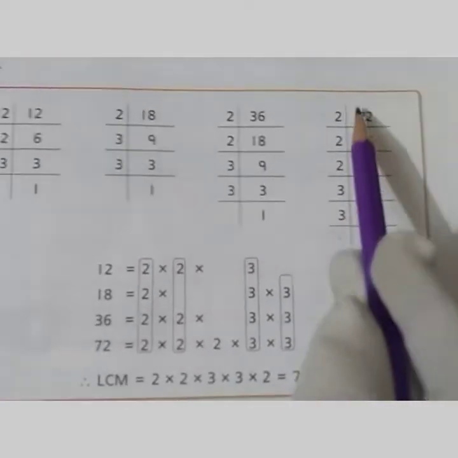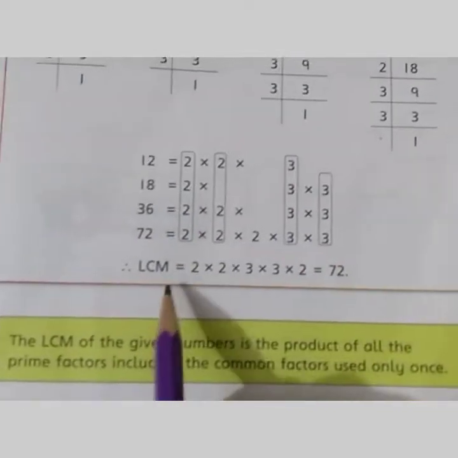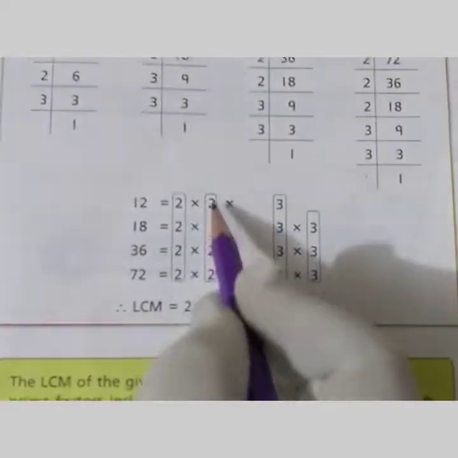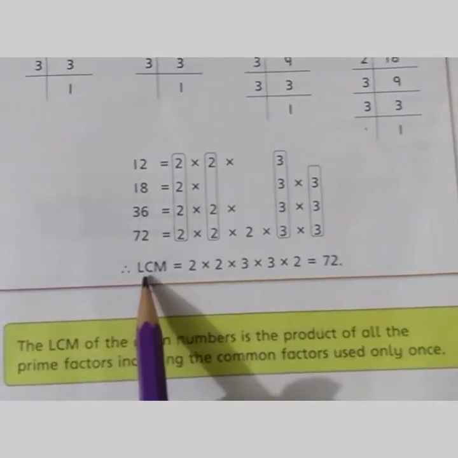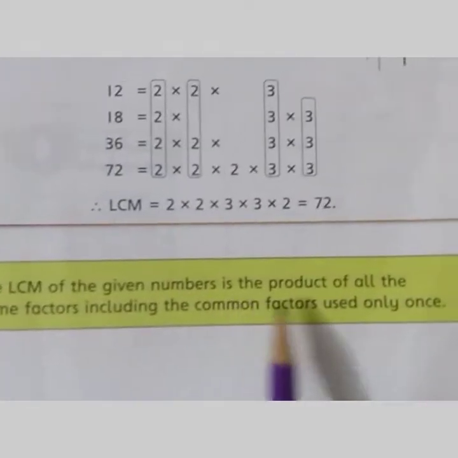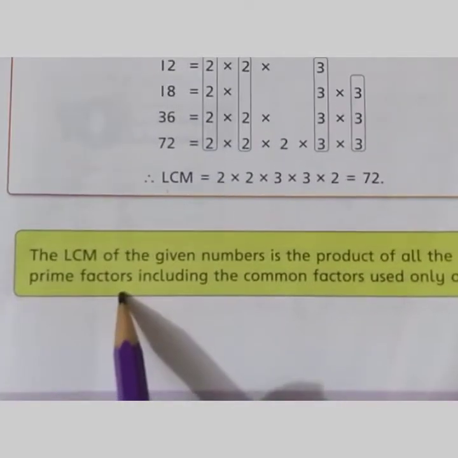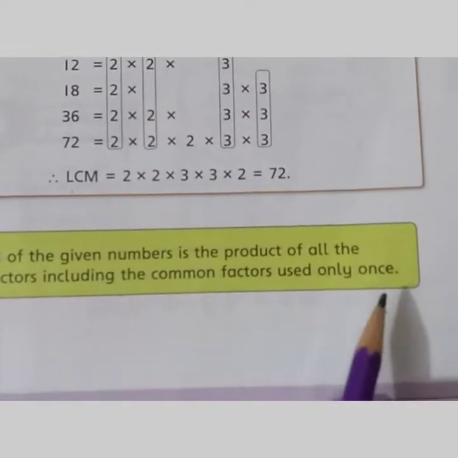With the help of these prime factors, first we write all the factors and at the end select the common factors of these numbers. How do we get the LCM? The LCM of the given numbers is the product of all the prime factors, including the common factors used only once.